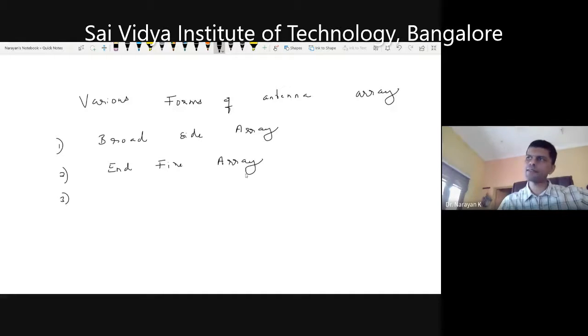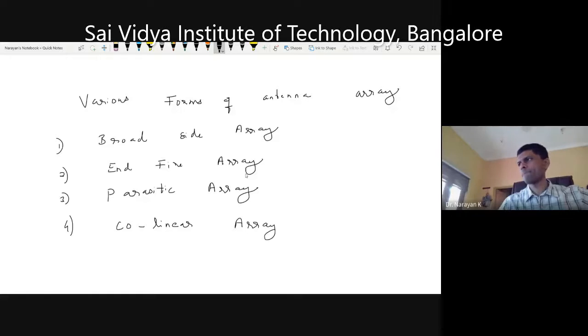Third one is parasitic array. Fourth one is collinear array. So these are the different types of array.